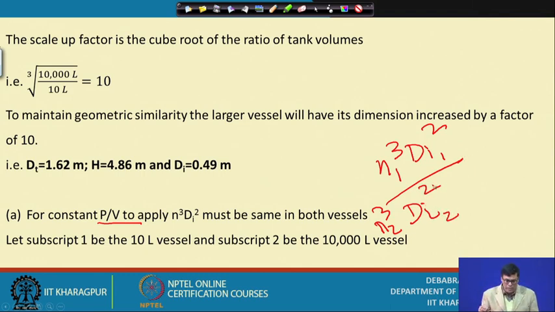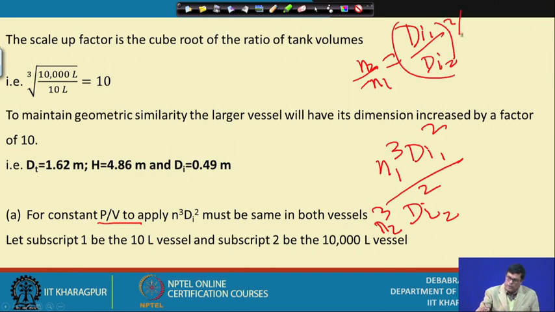If this is constant, then similarly, as we have already done previously, we have seen n2 by n1 is equal to what? di1 by di2 to the power 2 by 3. Am I right? So we know this ratio is 1:10. So we can easily find out n2 value, since we know the n1 value.